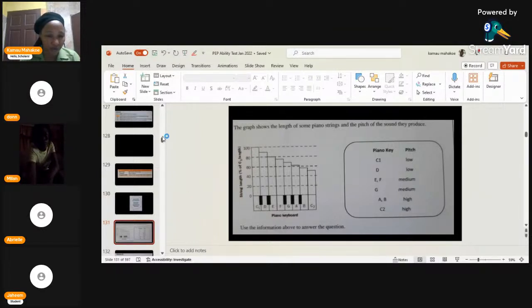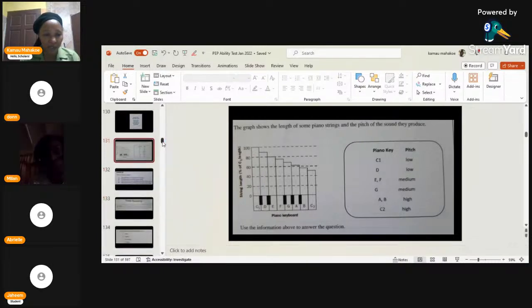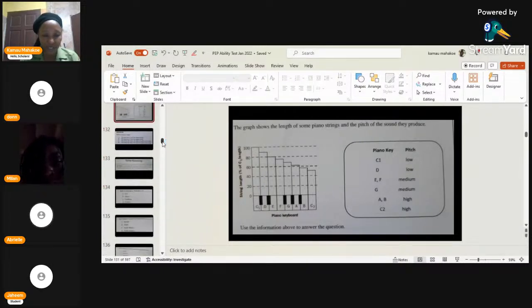So here we have our first question. Abriel, can you see the question? Yes, miss. All right. I just want you to read what's at the very top and the very bottom twice, please. Okay, miss. The graph shows the length of some piano strings and the pitch of the sound they produce.